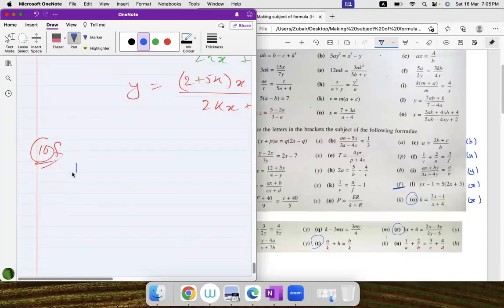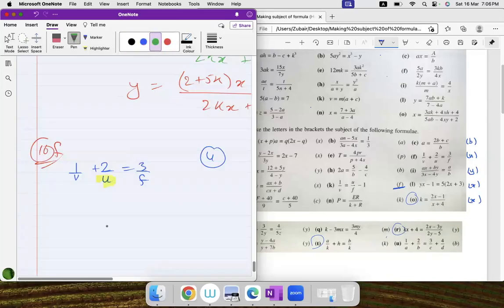Okay, F part is 1 over V plus 2 over U is equal to 3 over F, and we have to make U the subject. I can see U at one place only.